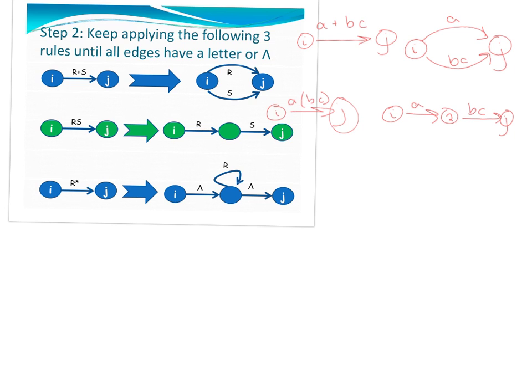So one of the options for R star is that you would take 0, and that's why we need the lambdas. So let's suppose that my regular expression is actually, let's go back to the A plus BC.